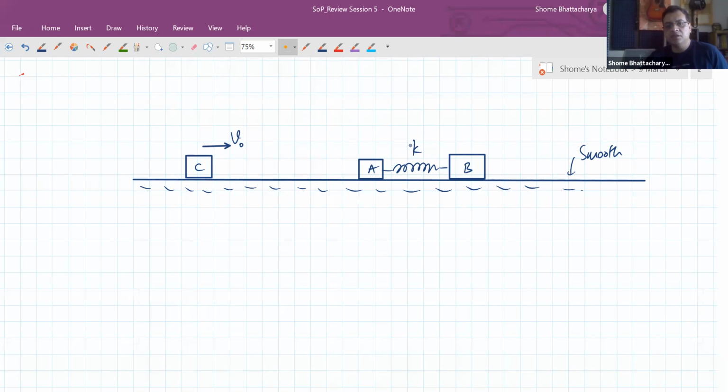So after the impact, with the kinetic energy that C has given to A as a result of the momentum transfer, the system of A plus B has got some mechanical energy by virtue of kinetic energy, and that mechanical energy is going to shuffle between elastic potential energy of the spring and kinetic energy of the blocks. And alternately, the potential energy will be maximum, then later kinetic energy will be maximum, and so on and so forth. So there will be an oscillation between kinetic and potential energy. So that is what this analysis is all about.